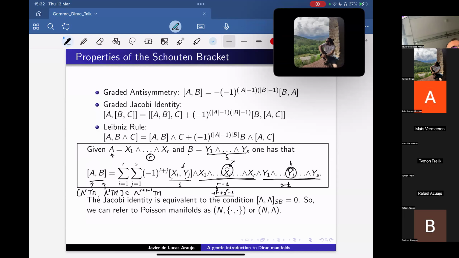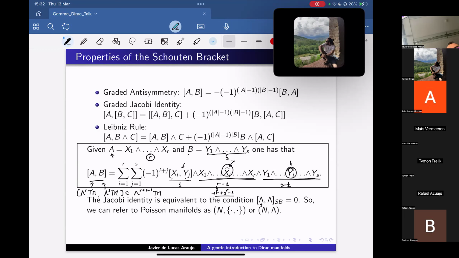The thing is, the fact that lambda in the definition of the Poisson structure comes from a bivector field can be described quite nicely by means of the Schouten bracket. If lambda comes from a Poisson bracket, it turns out that the Schouten bracket of lambda with itself is equal to 0, and it works also the other way around.